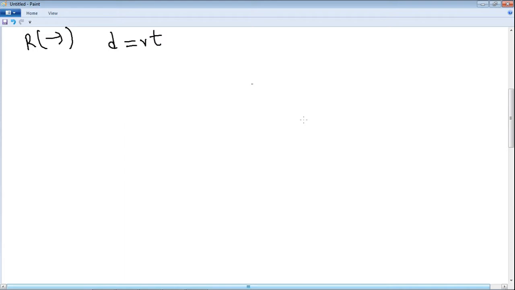Why are we gonna use this motion equation? That's because velocity is constant.